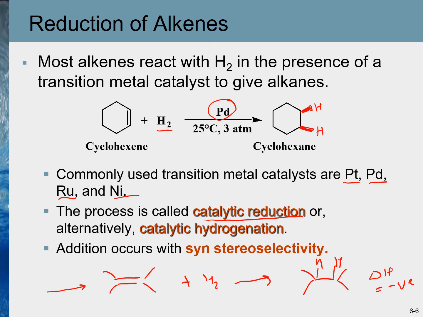Monosubstituted and disubstituted alkenes show a good rate of reaction at room temperature under slightly elevated pressure, but for tri-substituted and tetra-substituted alkenes, the rate of reaction is extremely low. Therefore, elevated temperature and pressure are used in the hydrogenation of tetra-substituted alkenes.